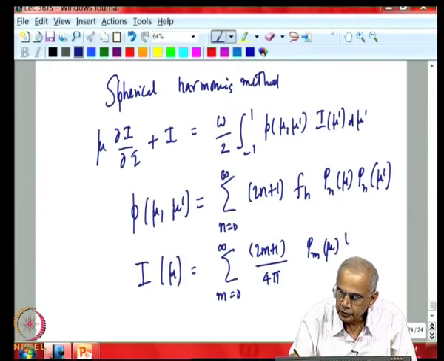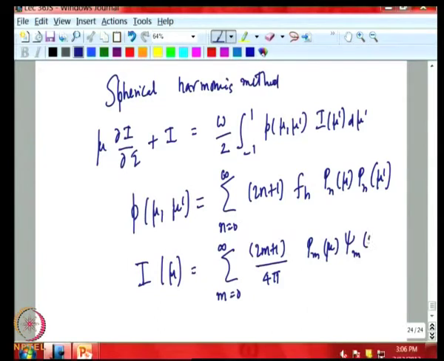And a function which depends only on the optical depth. So, essentially you must understand the two approximations being made here in the spherical harmonics method.